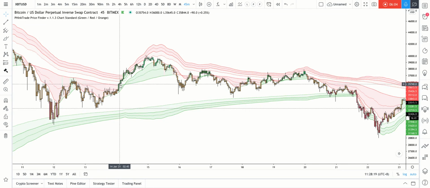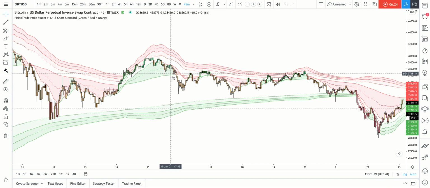That's why bars are painted green here, meaning that price is in a better situation for a bullish trend. And once price gets back inside of the band, we start to see price bars being painted in orange.